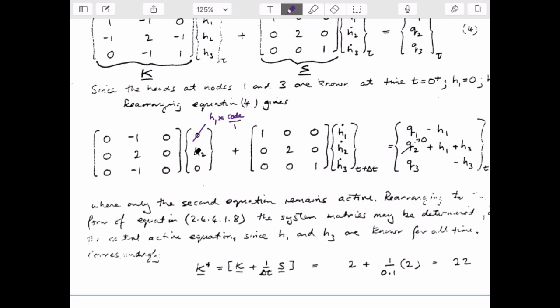You can use the same algorithm here in that the initial value of the head at this point would be head 2, but because the head is not prescribed, this code is 0. So when you multiply this by 0 and subtract it off the right-hand side, you don't end up with a term in this particular location. You end up with minus 0 times h2, which is 0.